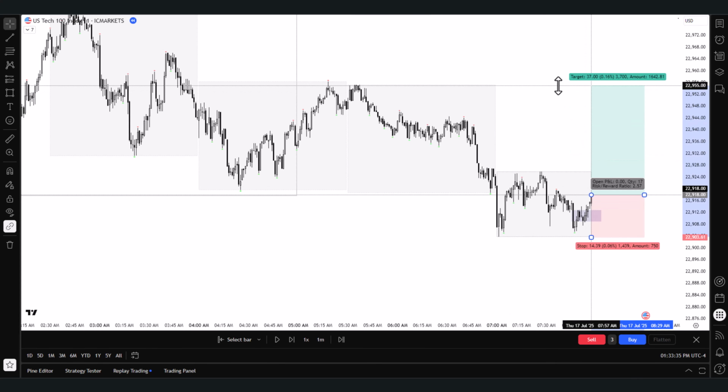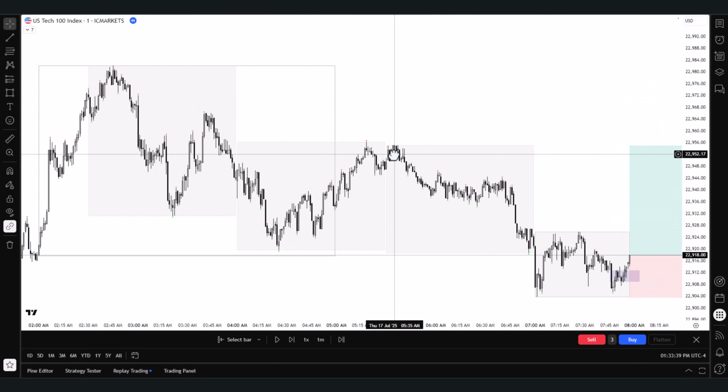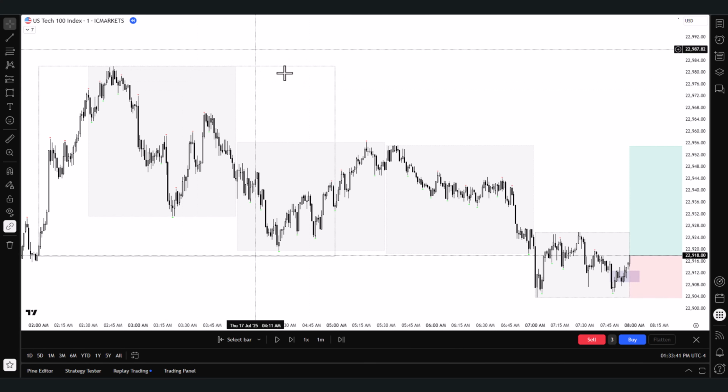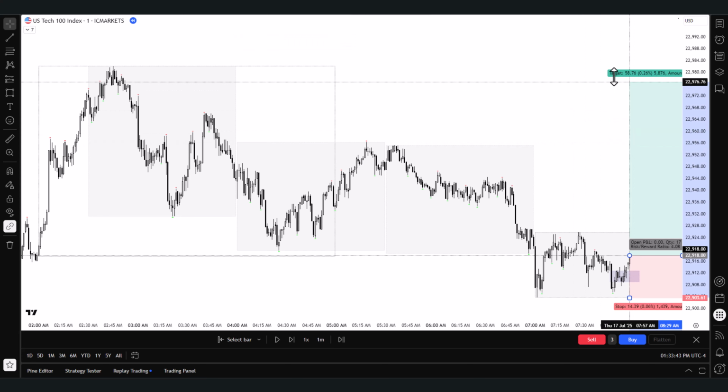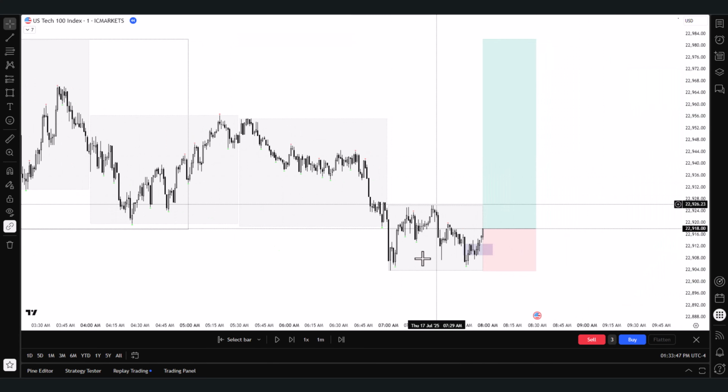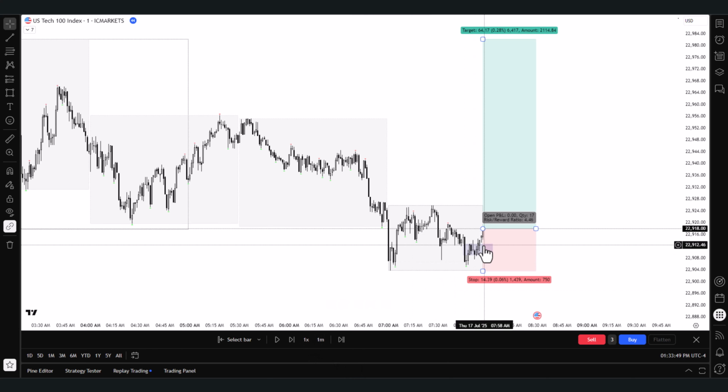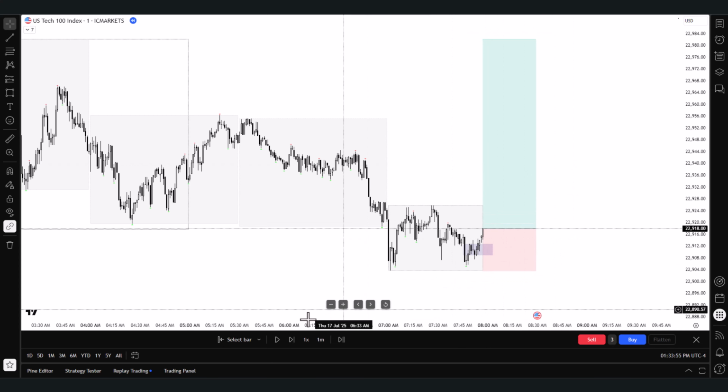That can be this cycle high or this cycle high or our London session high. And entry at 7:57, which is within our macro time frame.